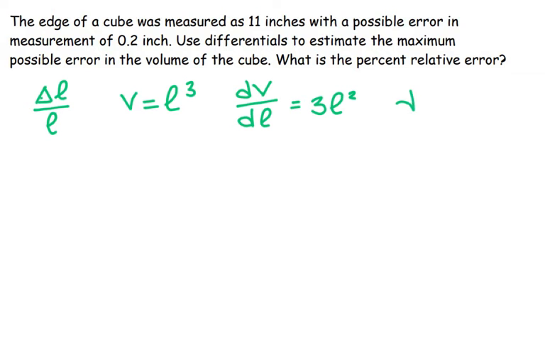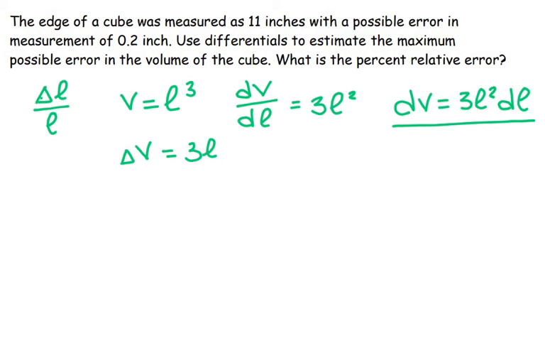Then dV, if I solve for dV alone, I have 3L squared dL. And since dV and delta V are the same thing, I can write dV as this expression. And if I want to rewrite it as delta V, I can write it as 3L squared delta L.